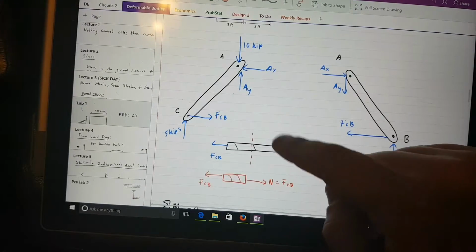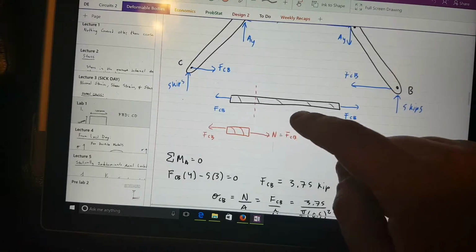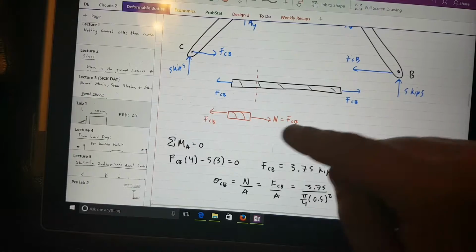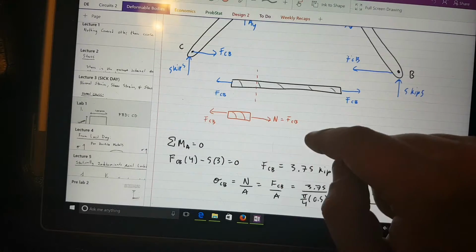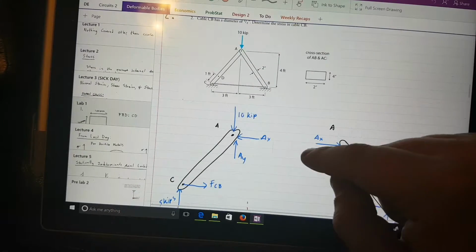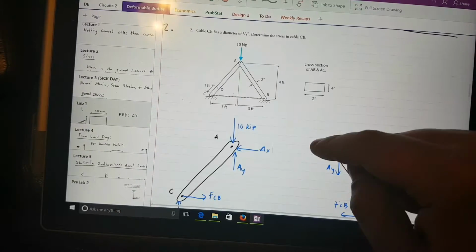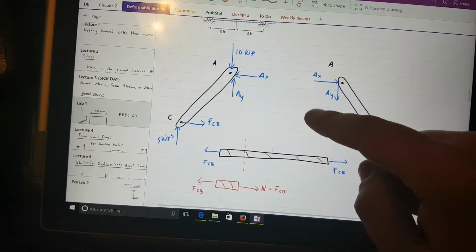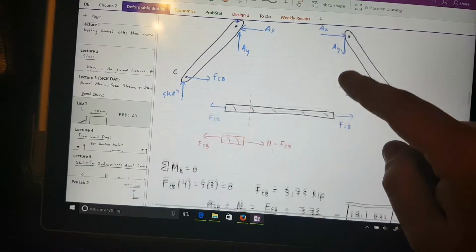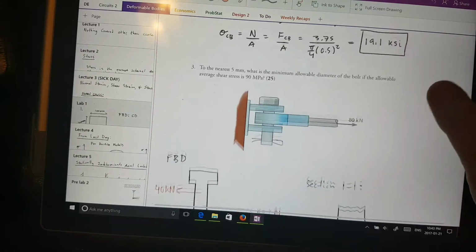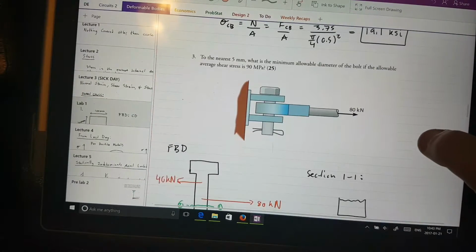And I did the moments about A because that had the most forces on it, and I got FCB, and then I can do a section of this and find the tension and the normal stress in the cable, because this cable is from C to B. Yeah, I wanted that. And then the cross section of AB and AC. I don't think I even needed the cross section to do that. Yeah, so they like to give you lots of extra stuff in the way, right?